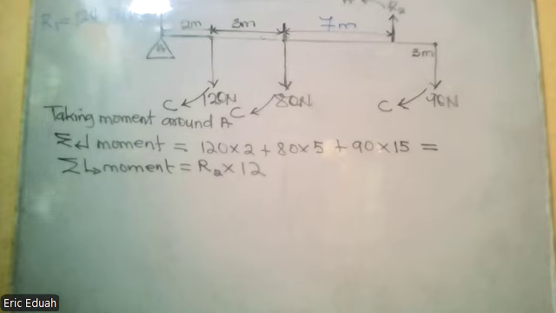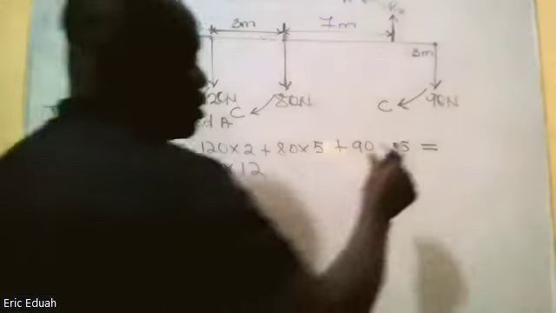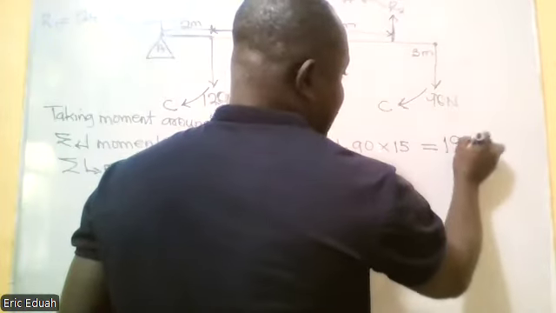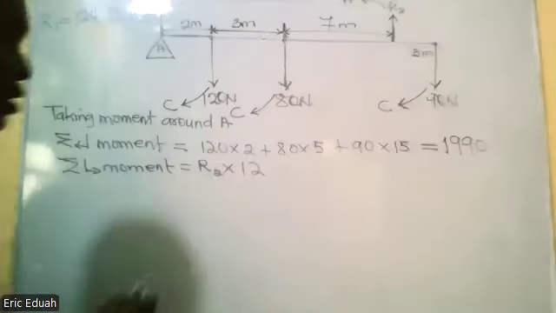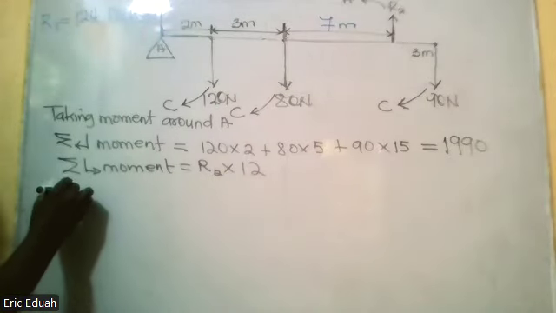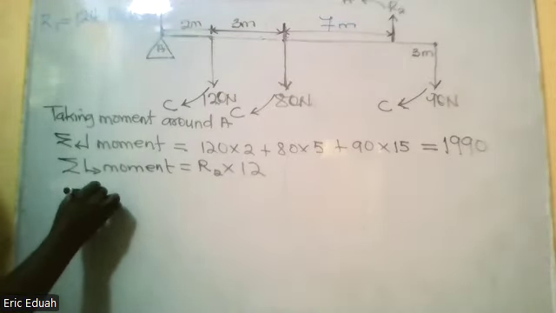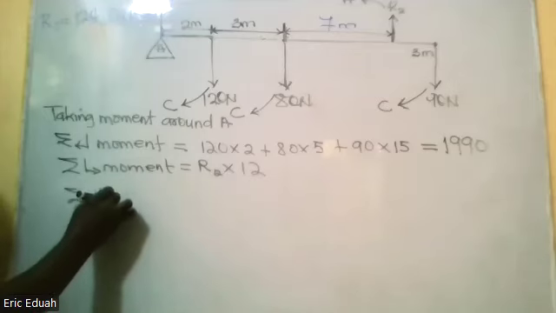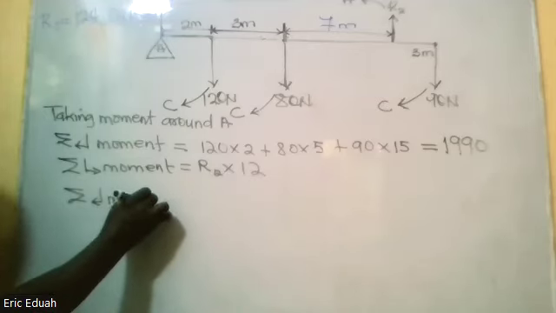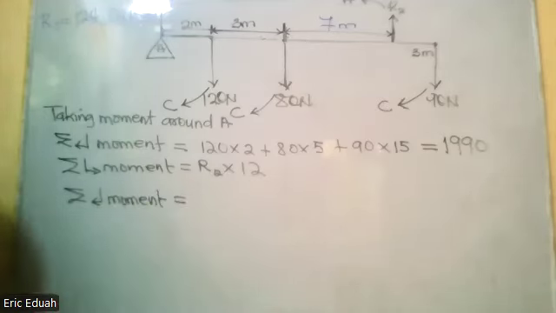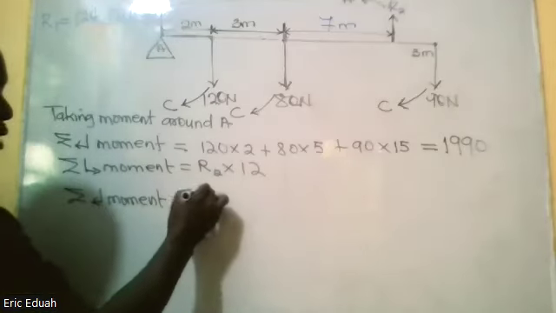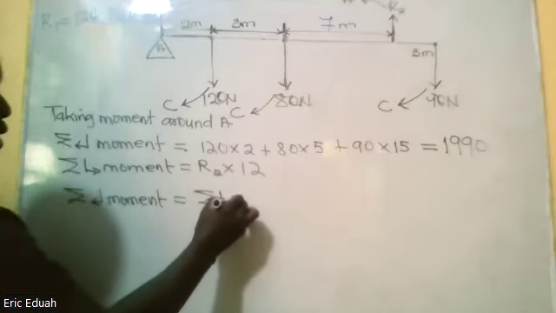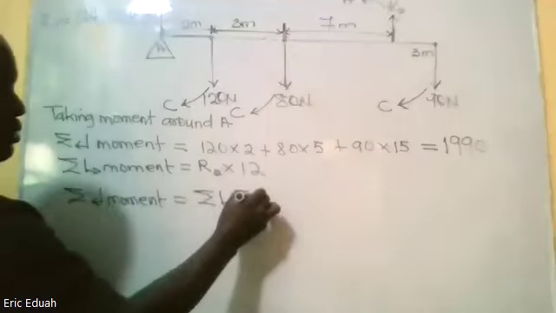The sum of clockwise moment. 1,990. Okay. So summation of clockwise moment is equal to summation of anti-clockwise moment.